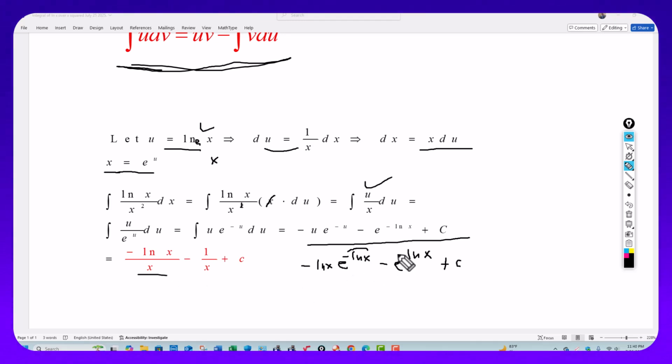Got a minus, and then the negative comes right there. So it becomes e to the natural log of x to the negative 1, and because this is e and this is e here, that gives me 1 over x, and then you got the minus right there. So that's the solution for this one: minus the natural log of x over x, minus 1 over x, plus the constant of integration. Thanks for watching. We'll see you next time.